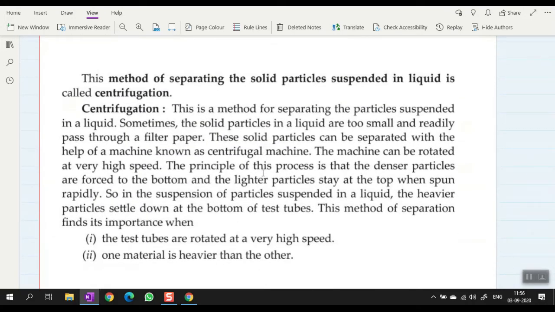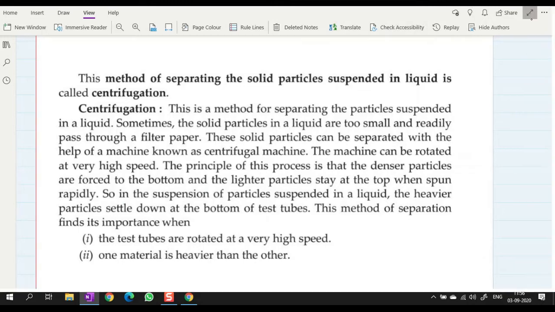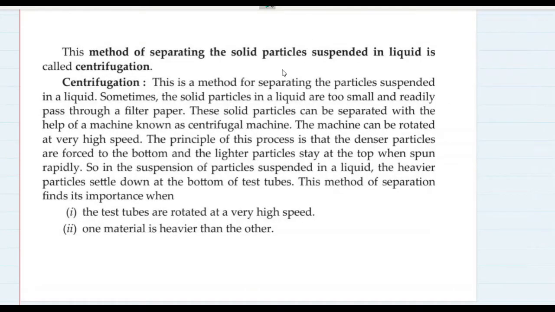This method of separating solid particles suspended in a liquid is called centrifugation. Remember that. If the question comes, in which case can we use centrifugation? Can it be used for solutions?